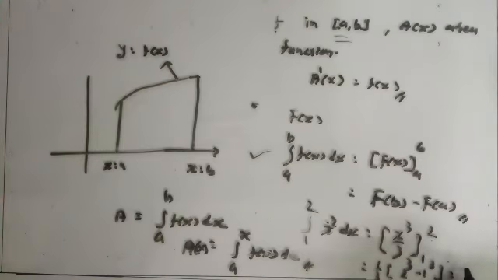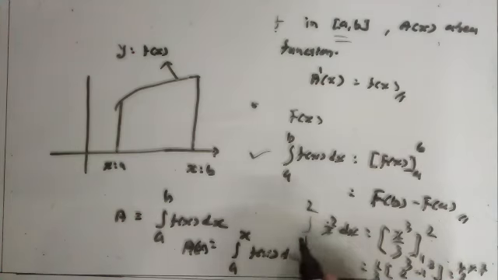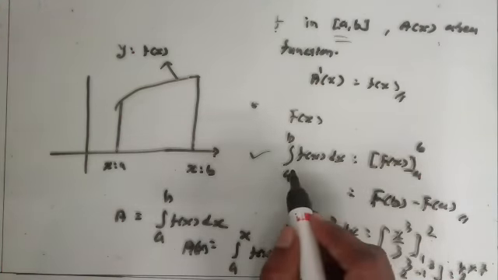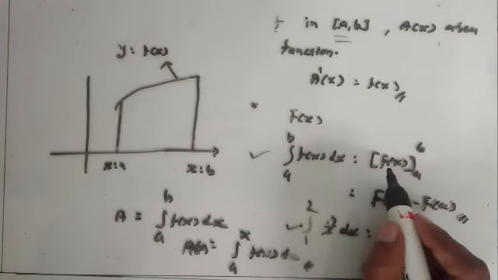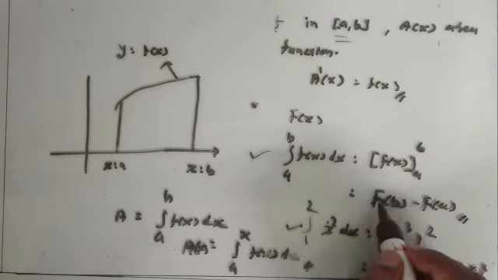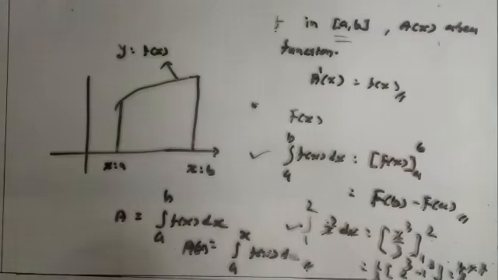Simplify: 2 raised to 3 is 8, minus 1 raised to 3 which is 1, 8 minus 1 is 7, so 1 by 3 into 7. So this becomes the value of the integral. Clear? So remember this, the integral from a to b of f(x) dx equals F(x) from a to b, that is F(b) minus F(a).